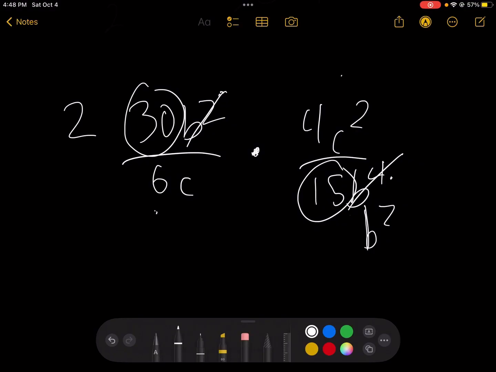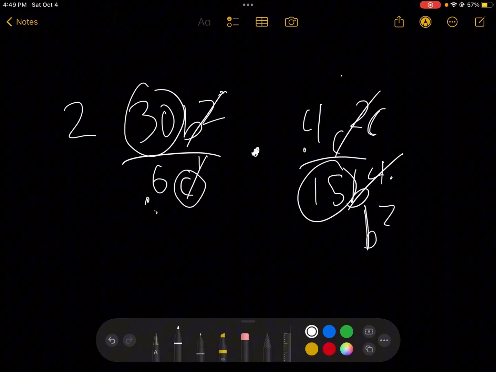In 6c and 4c squared, we just do the same thing. This has the lesser amount, because if there's nothing here, it just means there's a 1 exponent. So now you cancel out c to the 1 and c squared. What's 2 minus 1? Which is 1. c. This just means a normal c. And then the GCF of 6 and 4 is 2.